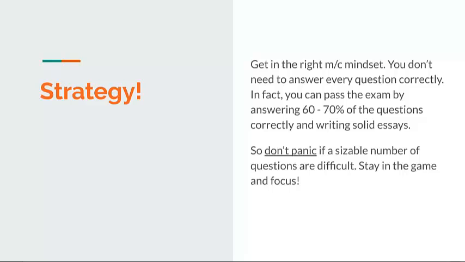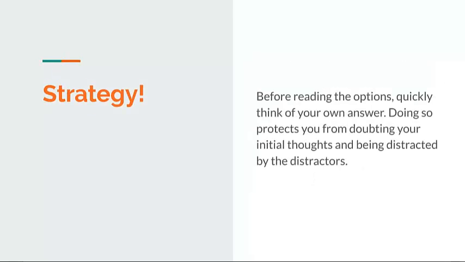Before you read the options, one strategy is to think of your own answer. As I mentioned before, you have the key, which is the correct answer, and then you have distractors. Those distractors are meant to distract you. So if you can read the question and formulate the answer in your mind, then you know what to look for when you're looking at those answer choices.